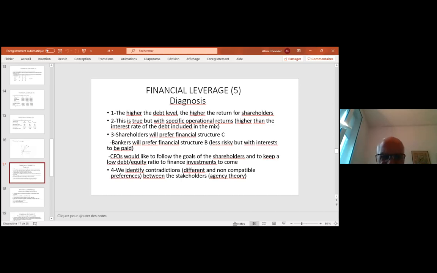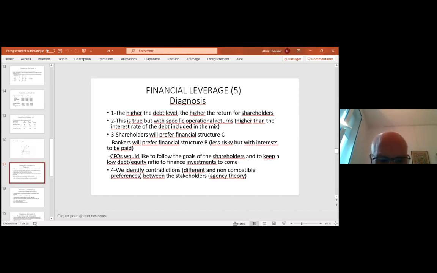It's very difficult to find a financial policy, a financial mix, which is acceptable, which fits the rules, principles, goals, and constraints of the main partners in the firm.